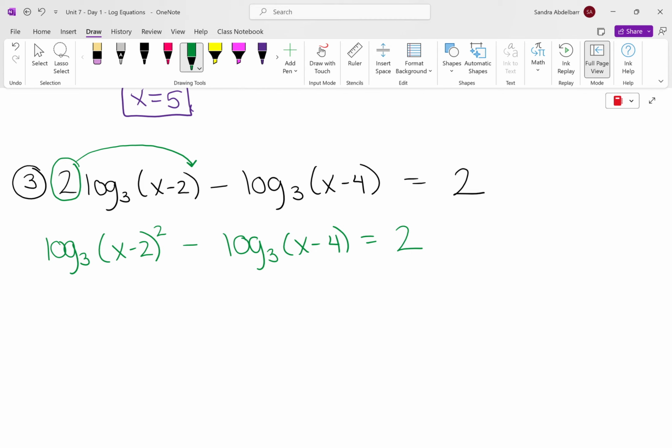I'm still not done. I need it down to one log. But because they have the same base and it's log subtraction, what can I change that log subtraction into? One log with division between them. So this is going to be log base 3 of x minus 2 quantity squared over x minus 4 equals 2. This is my argument.